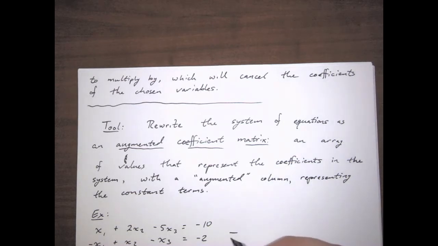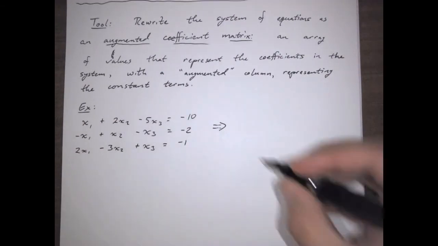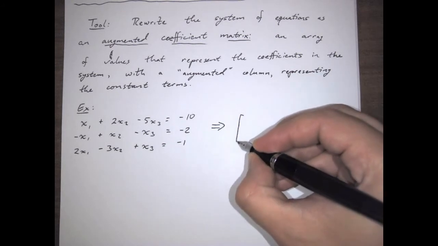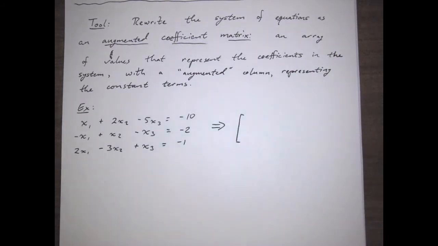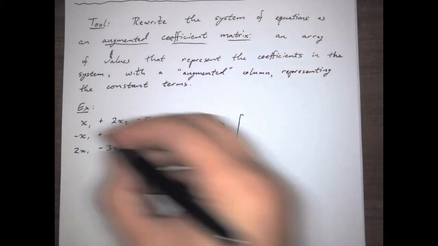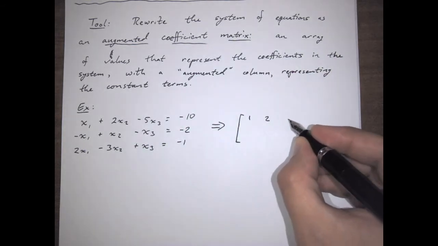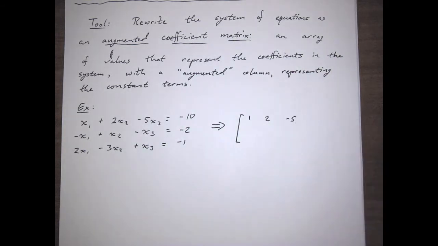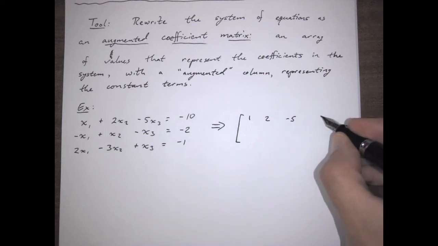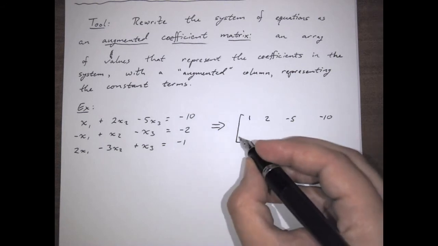So then what this will lead to is a matrix that looks like this, where we just cut out all of the parts that are there by convention and only put in the parts that change from problem to problem, which would be the coefficients. So we put a coefficient of 1, followed by 2, followed by negative 5, and then we augment it with an extra column for the constant terms, negative 10.